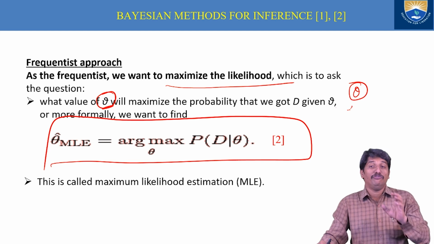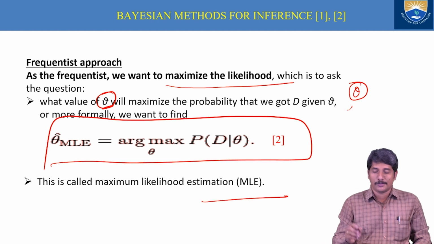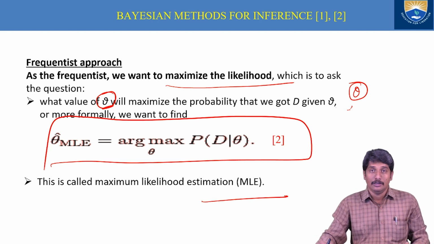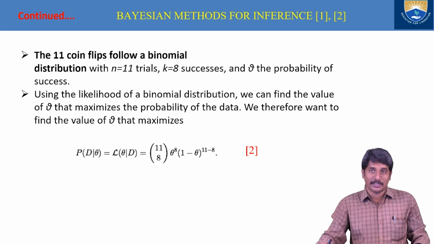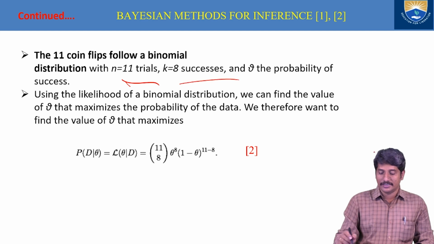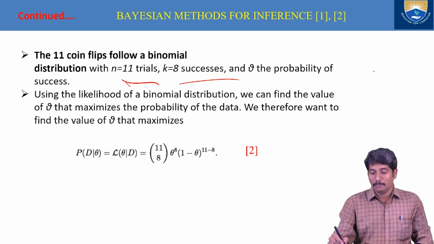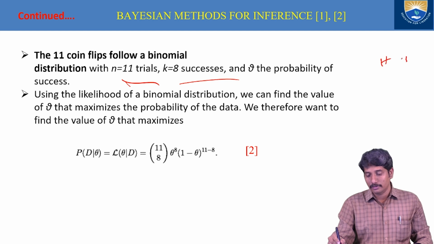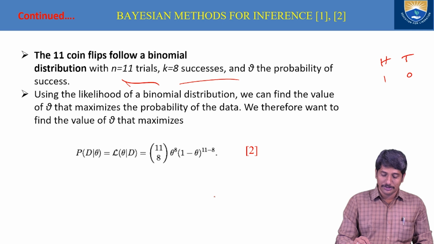So in the frequentist approach, which technique are you going to use? You are going to use maximum likelihood estimation. Let us check what happens in this particular case. 11 trials, 8 successes. Because it is head and tail, 1 and 0, that means binomial, so we use the binomial distribution.